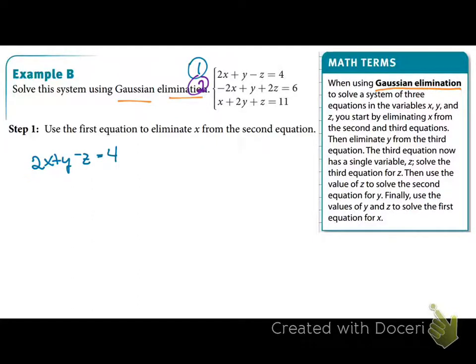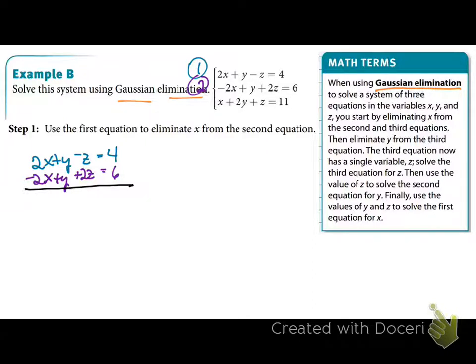And our second one, negative 2x plus y plus 2z equals 6. All right, I'm going to add them together.